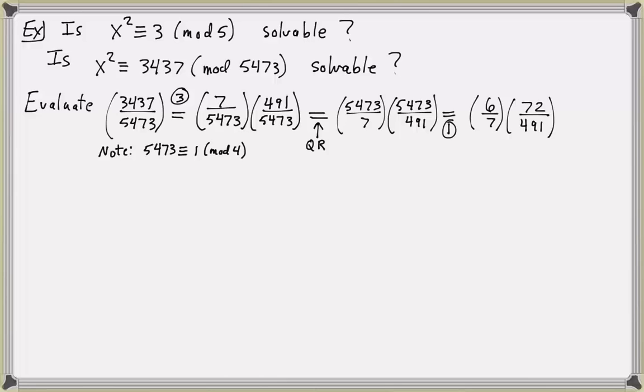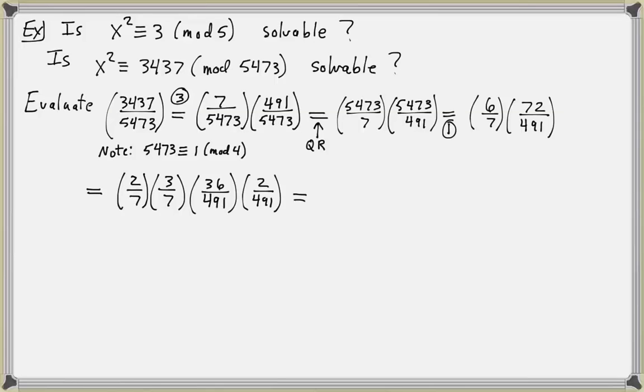Now by property 3, I can factor 6 as 2 times 3, so this is 2 over 7 times 3 over 7. And 72, I'm going to factor this as 36 times 2, because 36 is a perfect square, so I have 36 over 491 times 2 over 491.